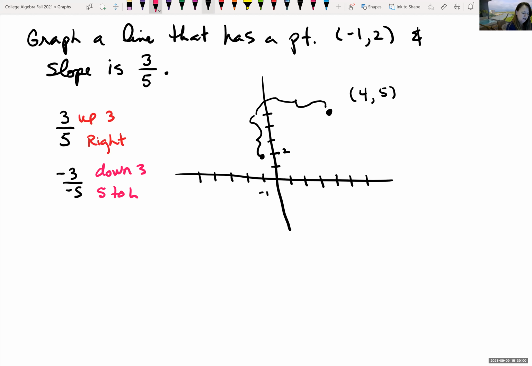So if I went down 3 from 2, that would hit a y value of -1, and then 5 to the left, sorry, left, which would give me a point over here, (-6, -1).